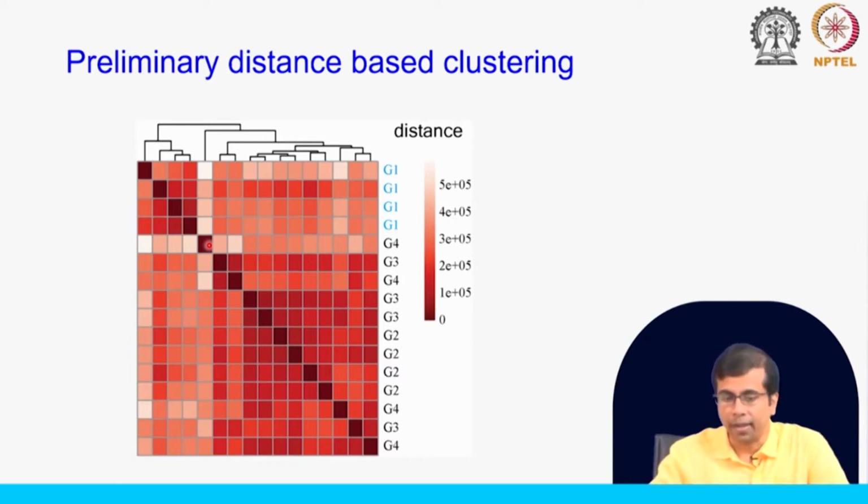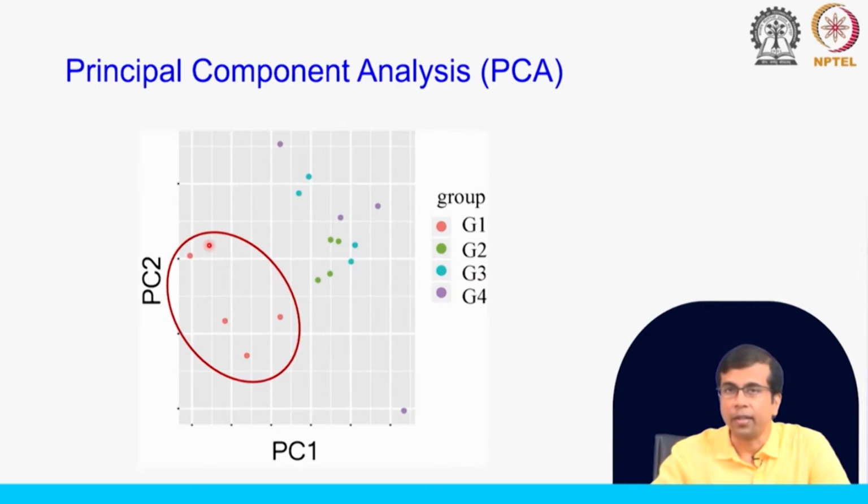The second type of analysis we mentioned in the theory part is principal component analysis. This is a dimensionality reduction method, which generates principal components from these 6,800 genes, or even more depending on your data, and then calculates the variance explained by each of these principal components.